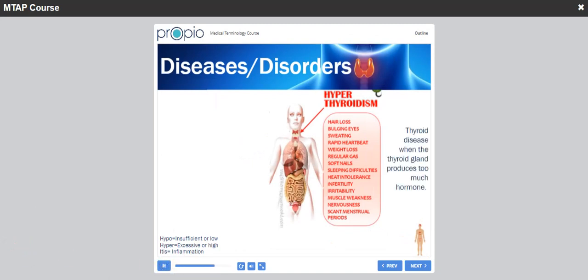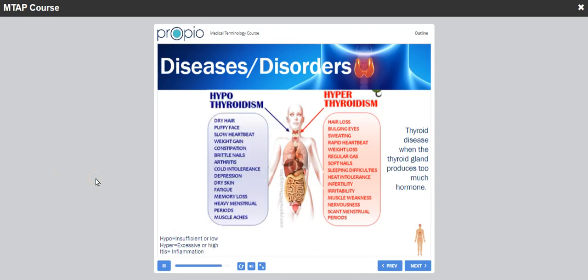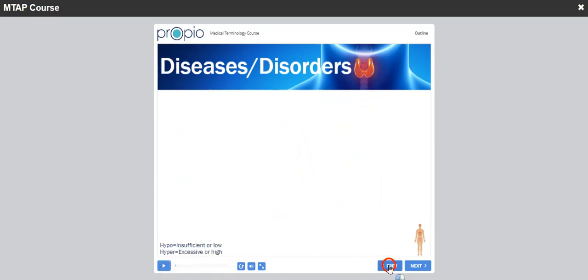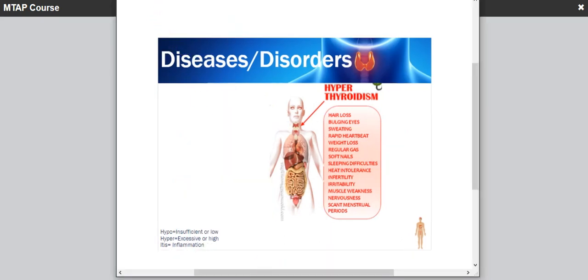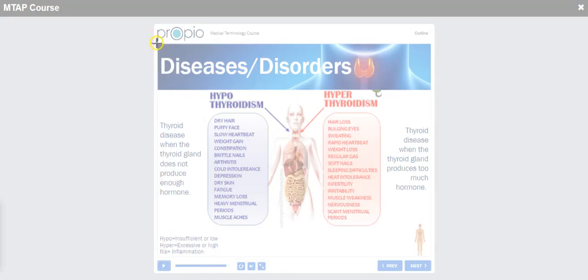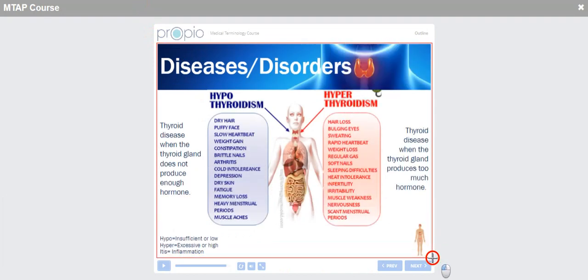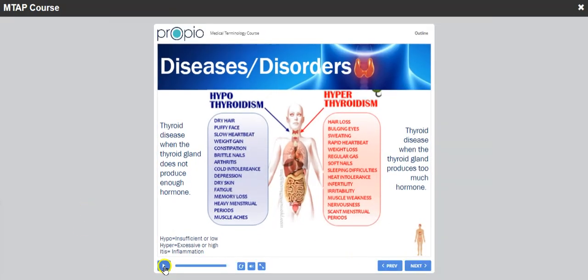Pancreatitis is the inflammation of the pancreas. Pituitary tumors are abnormal growths in the pituitary gland.